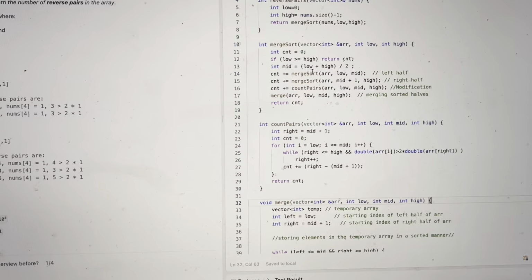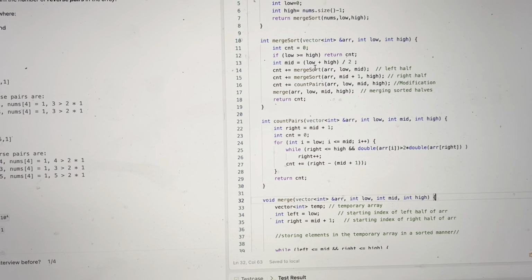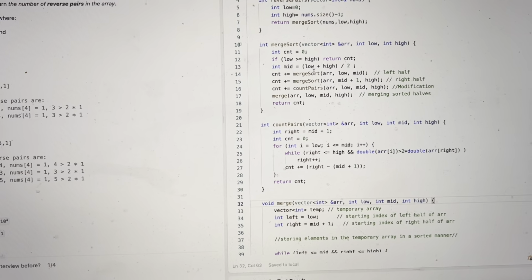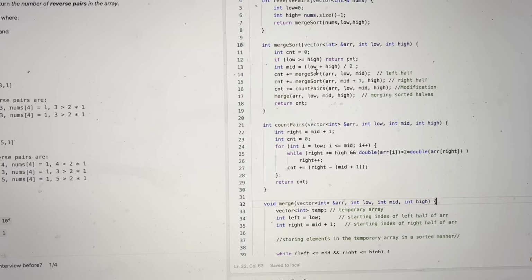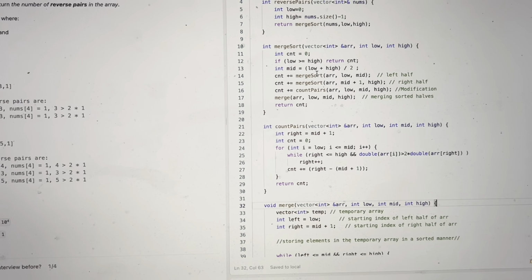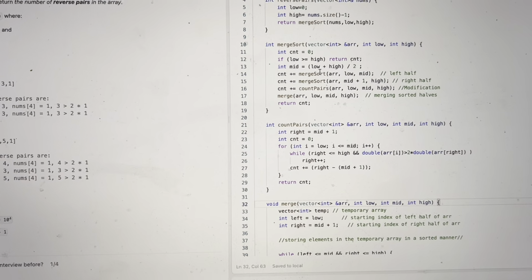That's why we converted it into double. Here we are comparing whether array of i is greater than 2 times array of right or not. If it is, we increment right, and we get the count value by right minus mid plus 1.